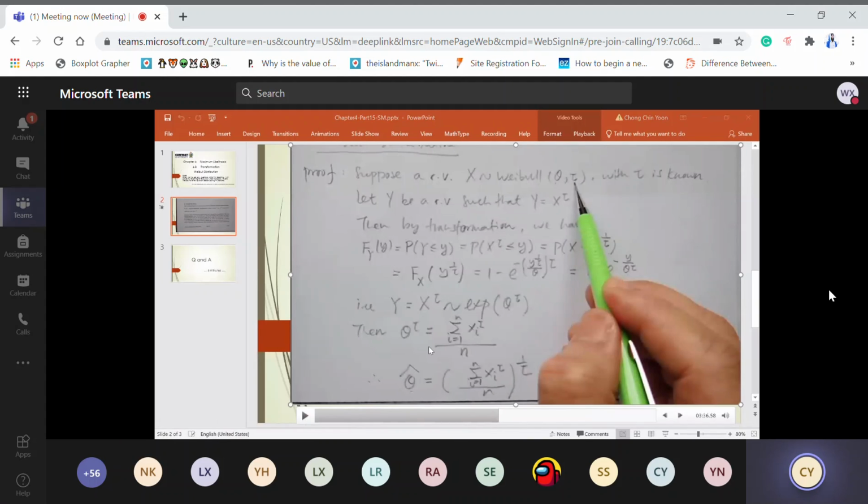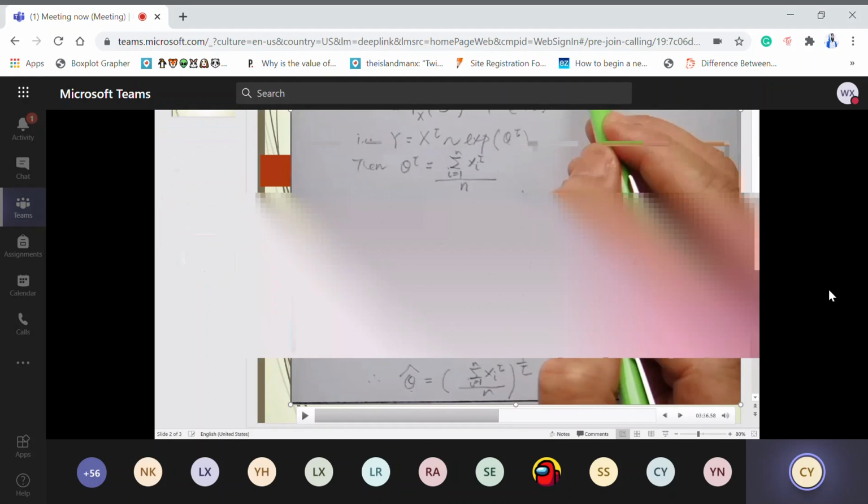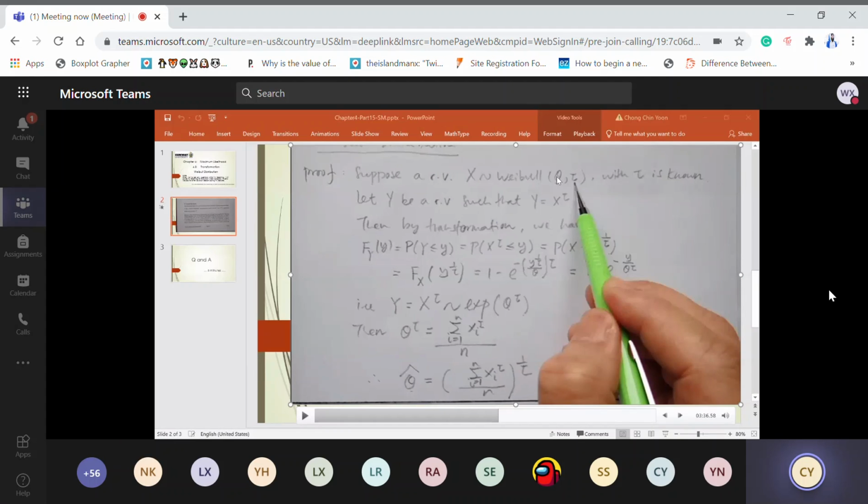Okay, so class, for this Weibull, I need to estimate the parameter theta if tau is known. Let's say tau is given. I want to find the parameter value for this theta by using transformation. What is transformation? Again, I told you just now, the formula is important.